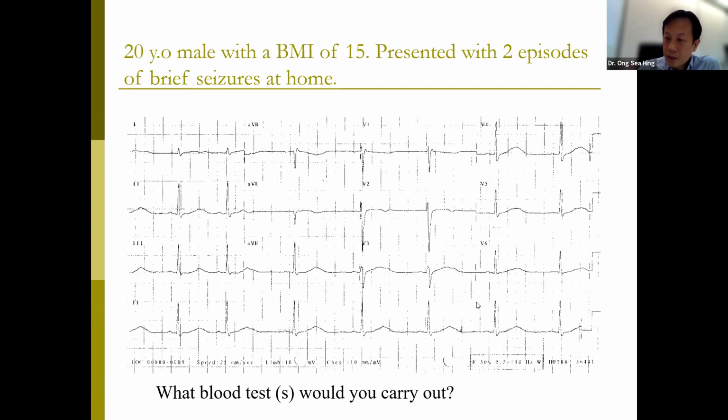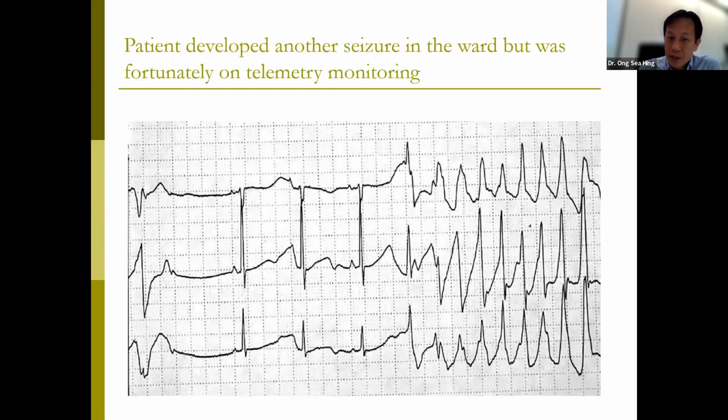So the resident or the trainee registrar was very good. He put the patient on telemetry and ran the tests, found that the patient's potassium was low, and then ran some potassium to correct. The same night, this is the patient's real telemetry.